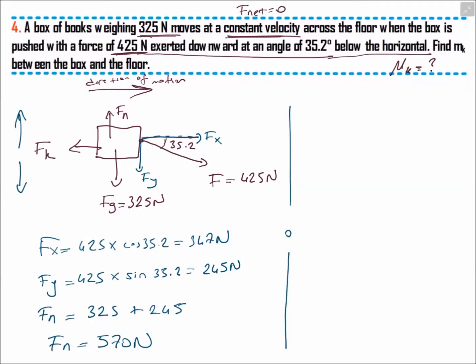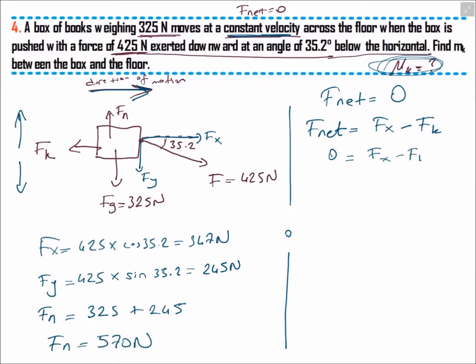And the question says find the mu k. So we can calculate from the Fnet formula. Fnet, due to the information in the question, which is constant velocity, is 0. And the system is moving in this direction, so Fnet equals Fx minus Fk. So that's 0, equal to Fx minus Fk.